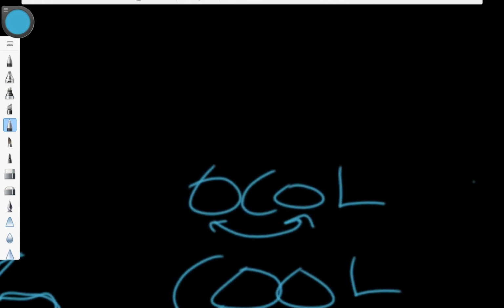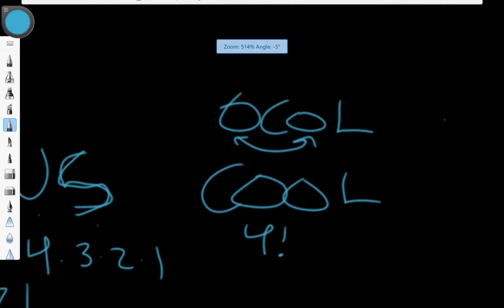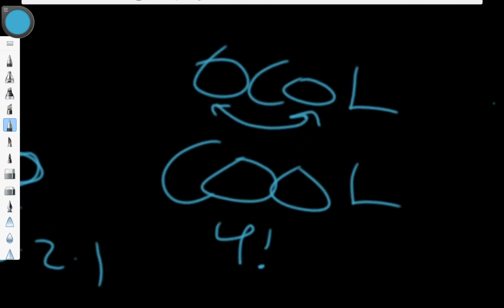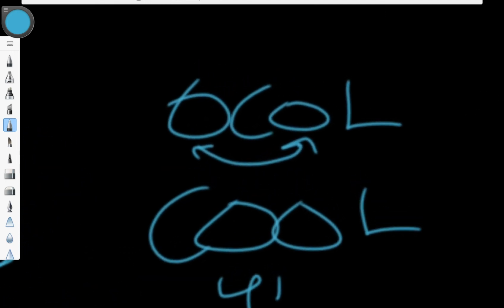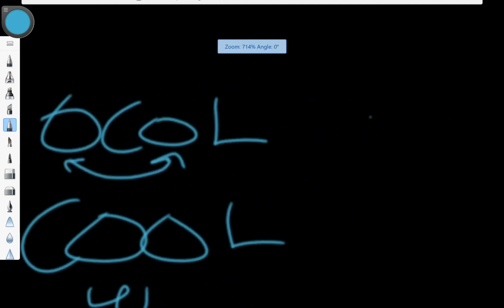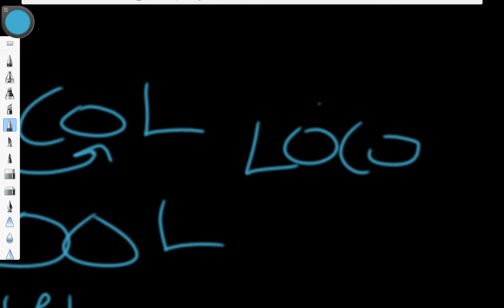Because when it flips them, the factorial doesn't know that these are both the same letter when you're doing 4 factorial. So what you've got to think is, every time that I have an arrangement, let's say LOCO, for each time that I have an arrangement, how many ways are there for me to arrange the letters that are the same?